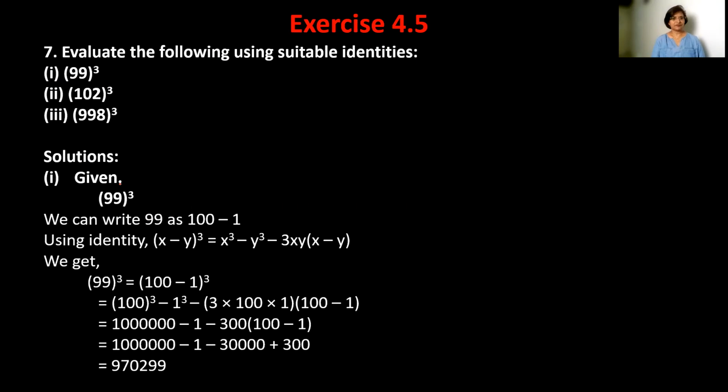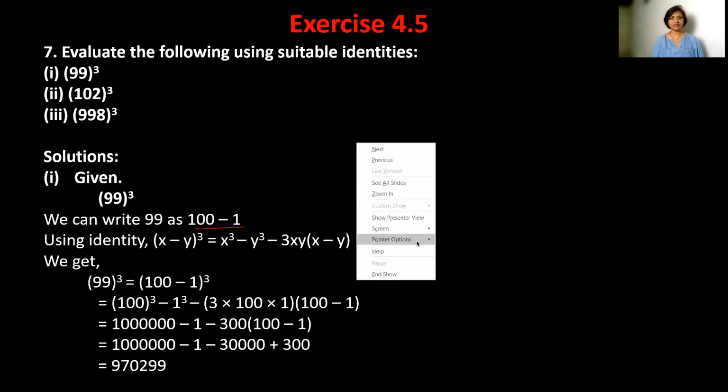So the first part is 99 whole cube. What can we write? 99 we can write as 100 minus 1, so we get 100 minus 1 whole cube. Which identity can we use here?